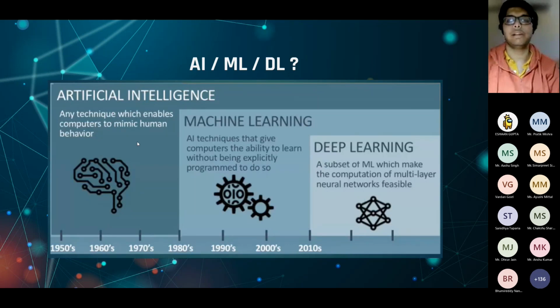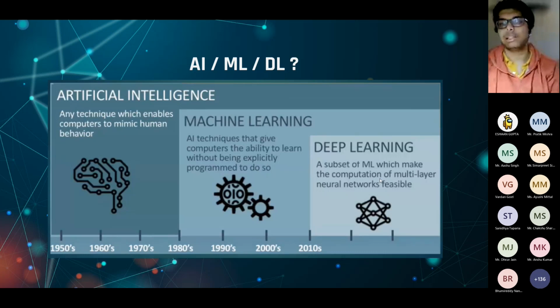Even if I use traditional programming to make a computer work in a way similar to humans, that is called artificial intelligence, right? But if I don't enter that program, and instead I just give it data points, as I said in the machine learning approach, then the computers learn on their own how to do this kind of stuff. That is called machine learning.